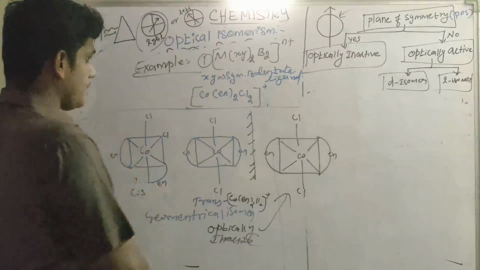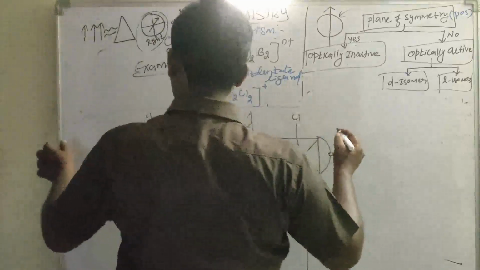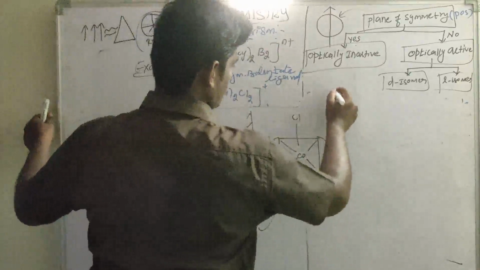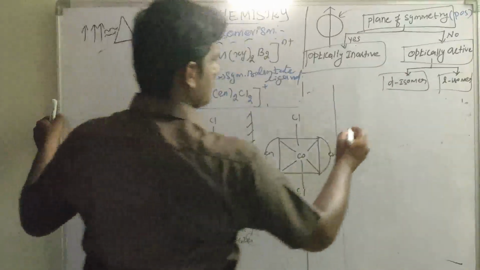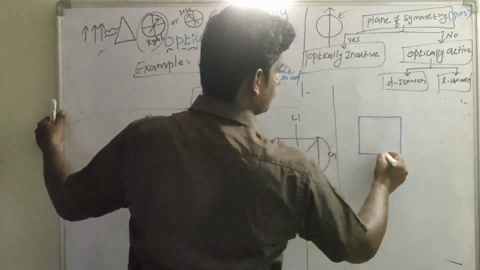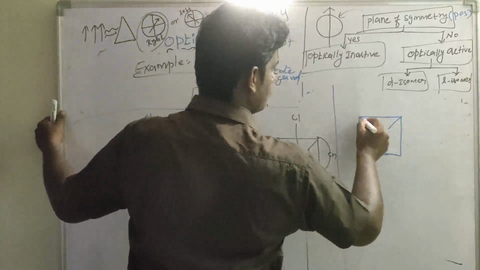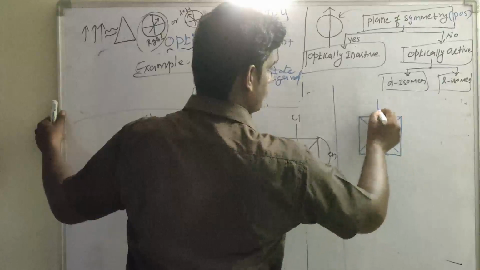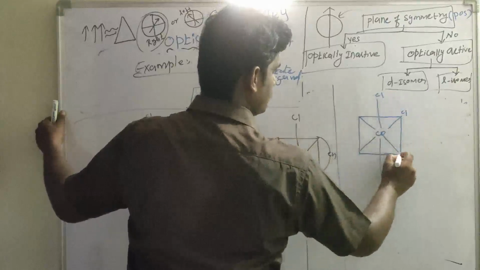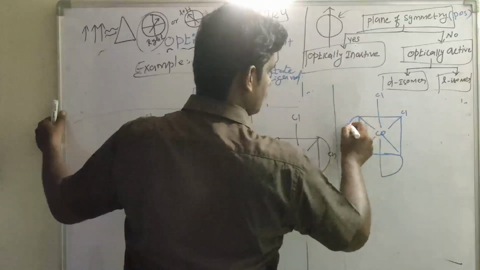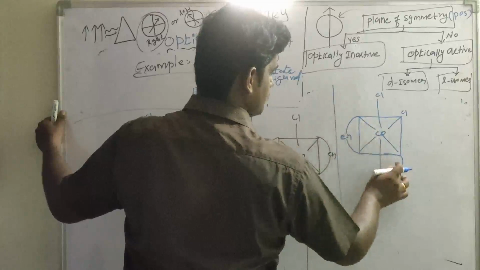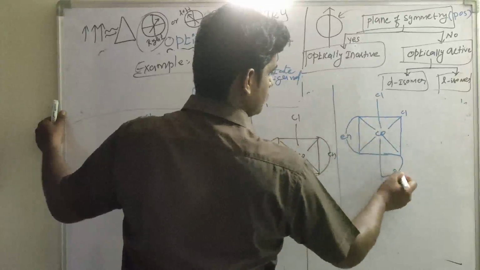So now we take the cis isomer only. Cobalt, Cl, en twice.